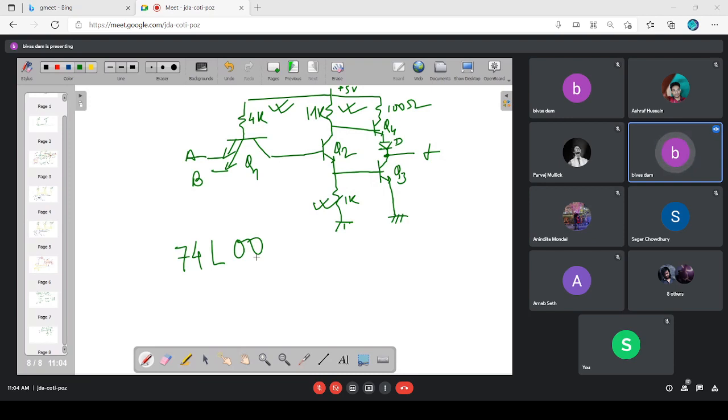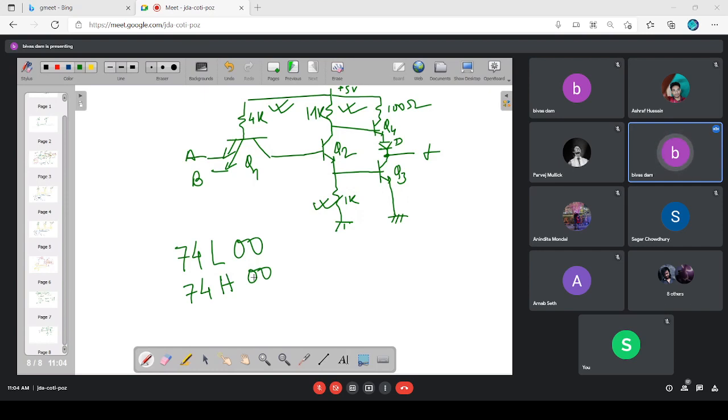So that is another family of TTL logic gate, that is 74H00. Here the H stands for higher speed of operation. So the speed of operation of the NAND gate will be increased if I reduce the resistance values.